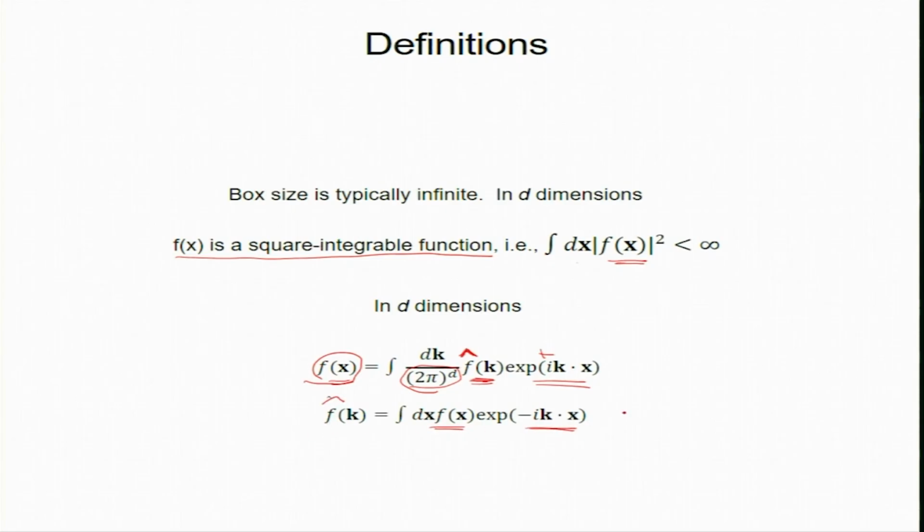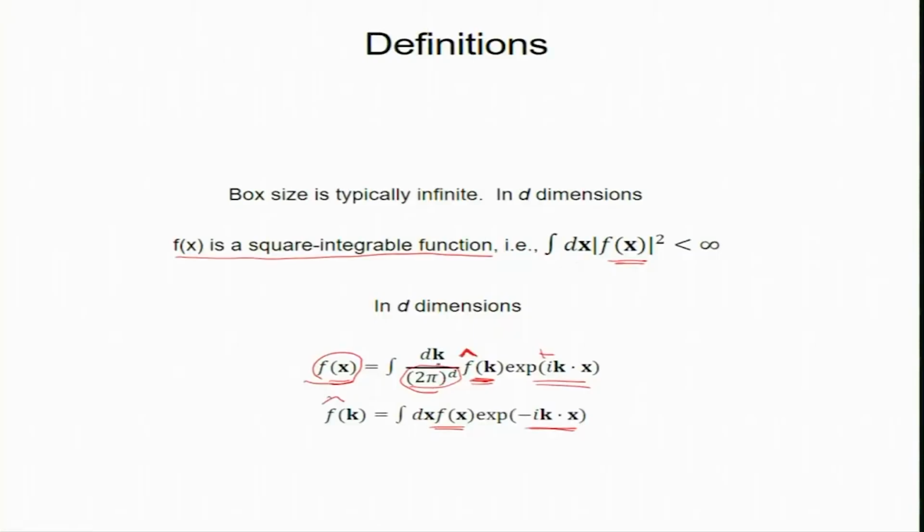This derivation is standard in quantum mechanics also, but we need these definitions. You should memorize this. The (2 pi)^d goes with dk, so when you write dk you put (2 pi)^d, and dx has no 1 by (2 pi)^d.